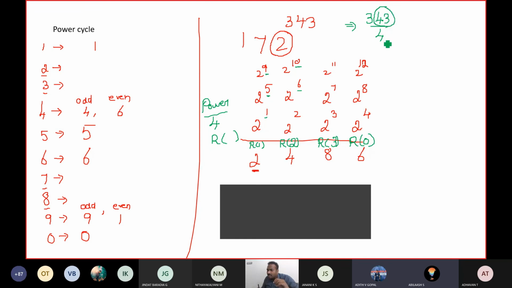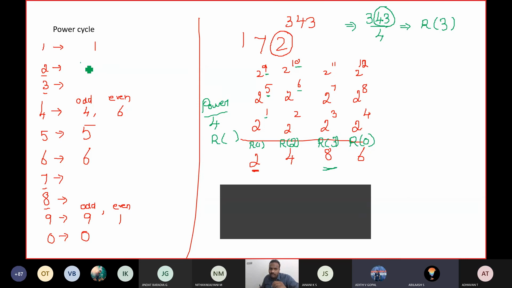What is the remainder, guys? Three, sir. 3. If the remainder is 3, what should be the last digit? 8. That's all.